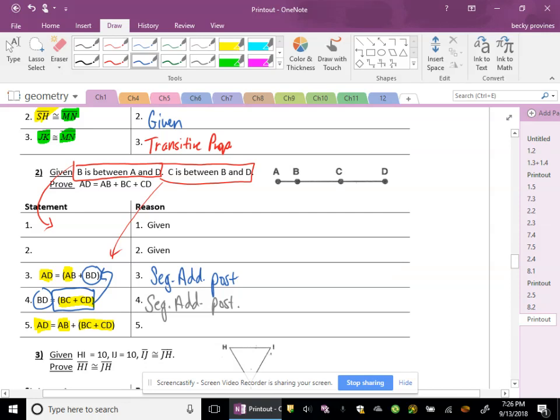This is not the transitive property, because the transitive property is when everything on one side of the equations is the same. On the right-hand side, this is AB plus BD, which is not the same as step 4 where it just says BD. So this is called the substitution property. We're substituting the value in. Do not write subprop. You're going to hear me say that 100 more times today.